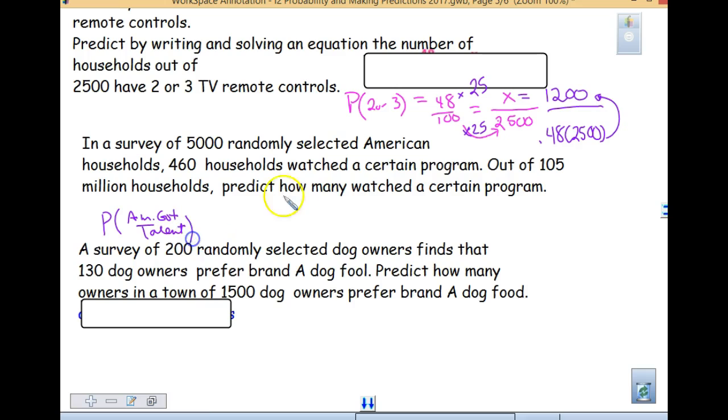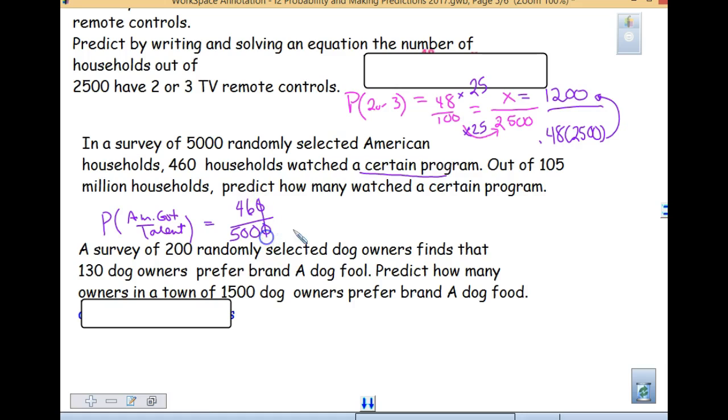That's our TV show because it says a certain program. So think about that, and I want you to set it up for me. We would be looking at out of 5,000, what should be in my numerator? 460. So of the 5,000 randomly selected households, 460.